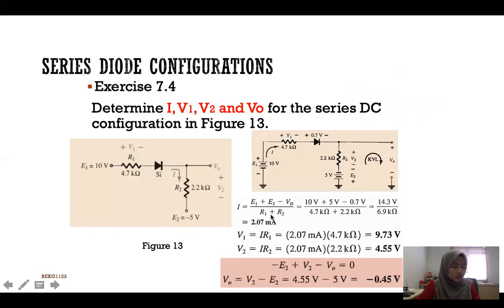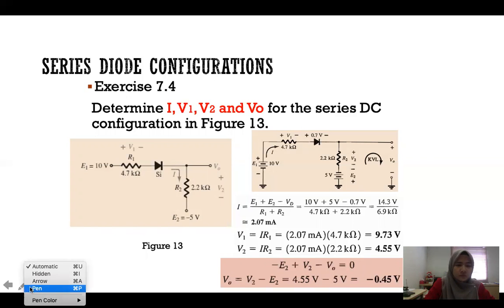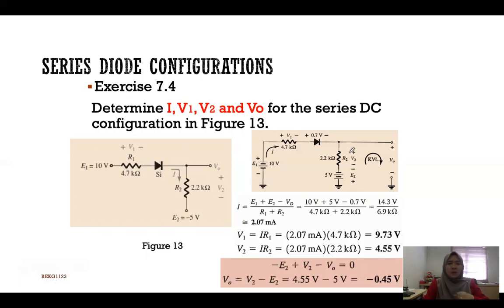Next is exercise 7.4. Determine I, V1, V2, and also V0 for the series DC configuration in figure 13. First, calculate the current.